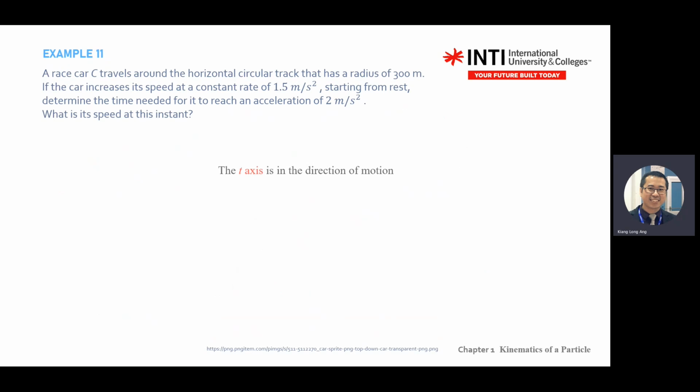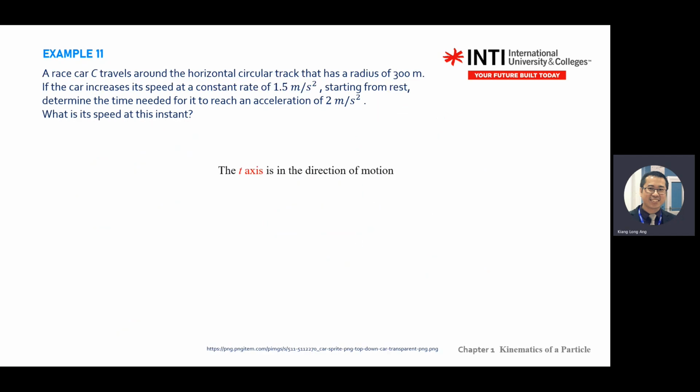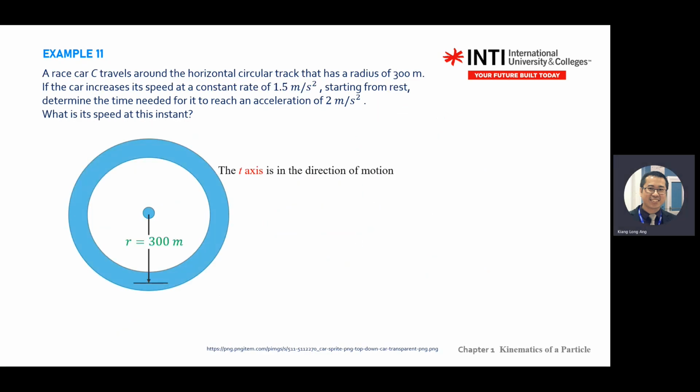Okay, 2 more examples, just to refresh what you learned. Always the same, I want you to observe the pattern here. You have a race car moving in a circular circuit, and this circuit is like a piece of paper, a 2D question.